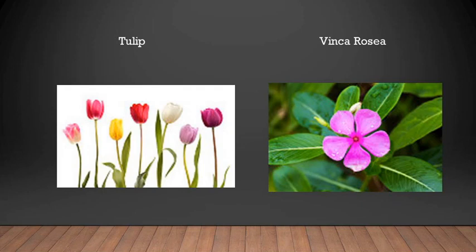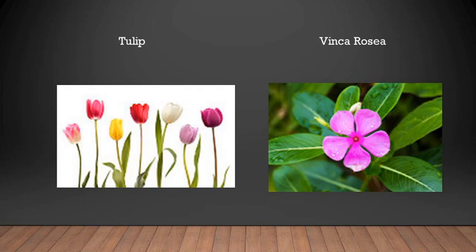The next flower that I have included on your right side is Vinca rosea. It's a very commonly found flower in India on the sides of the roads and in gardens as well as in temples. It's a very beautiful flower. The moment I see Vinca rosea, I remember my botany practicals in my graduation program.